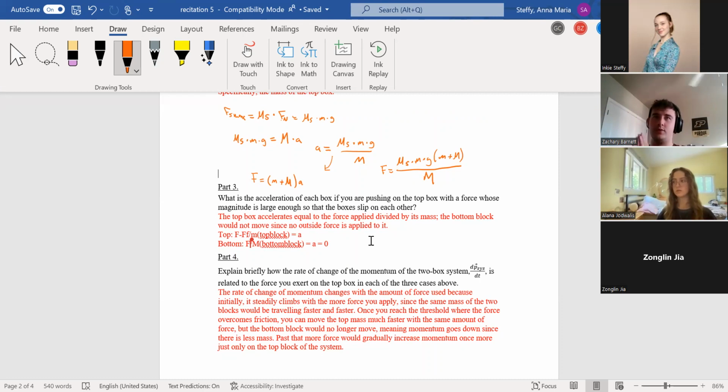I think if we're taking into account the friction, you could think about it as the top block pulling along the bottom block, or the bottom block pulling along the top block. I don't think anything's being pushed back. Oh, okay. I don't know.